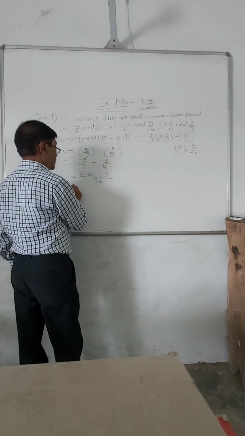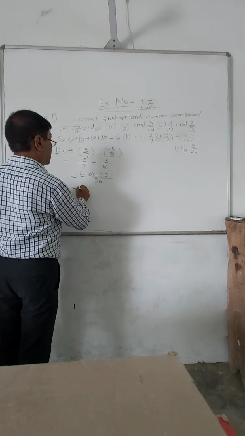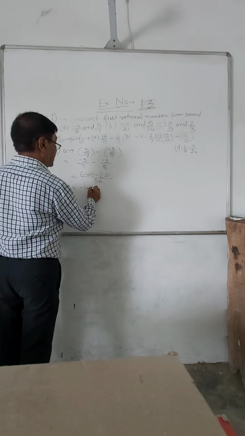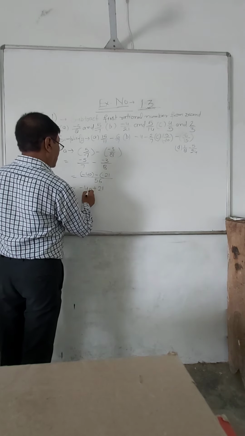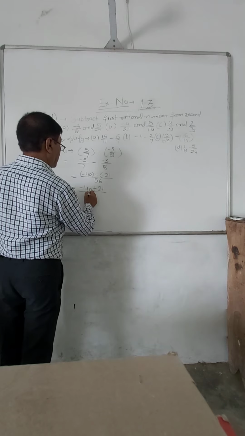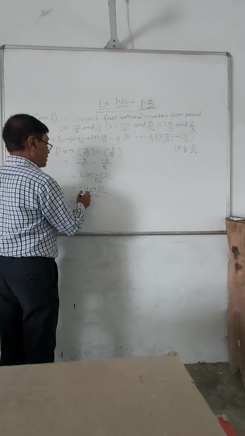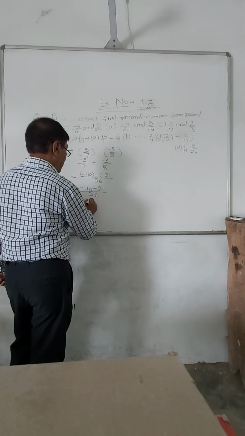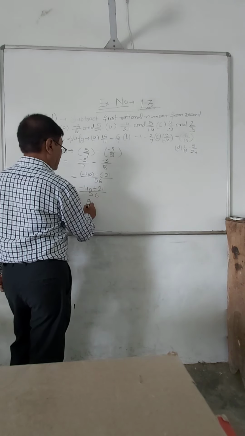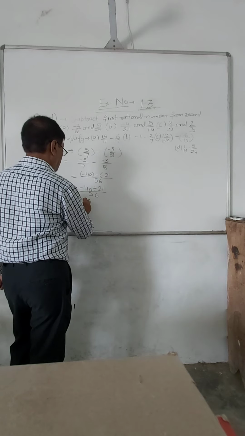Again open the bracket: minus 40 plus 21 upon 56. So minus 40 plus 21 will come, 40 minus 21 is 19.